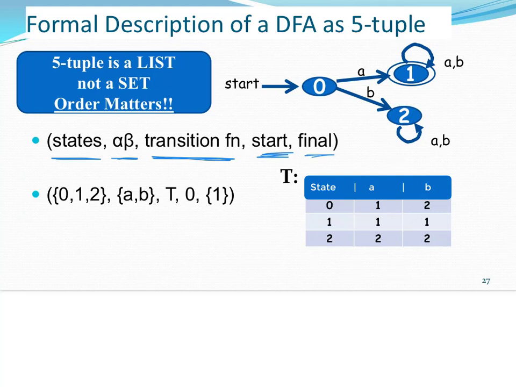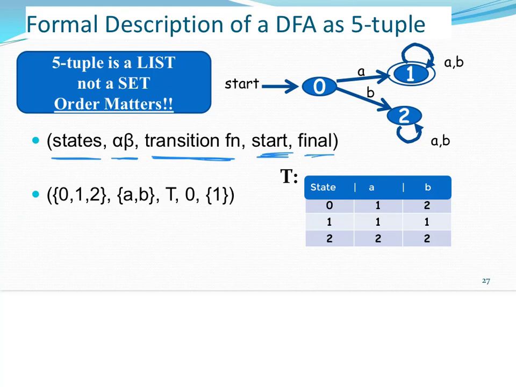So for example, for this DFA that I have up here, here's my formal description. And you can see that I put my transition table, that's the third element of my five-tuple, right? And again, I said before, I'm just going to write a capital T here, and then off to the side, I'll show you my transition table.